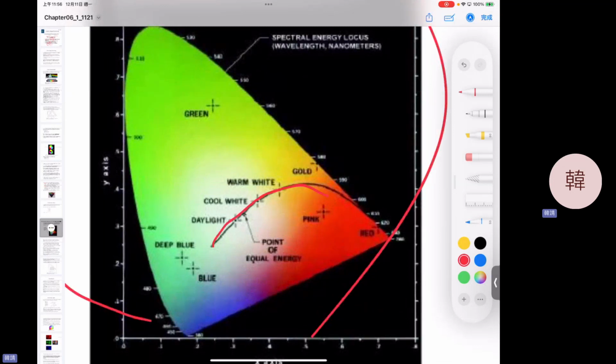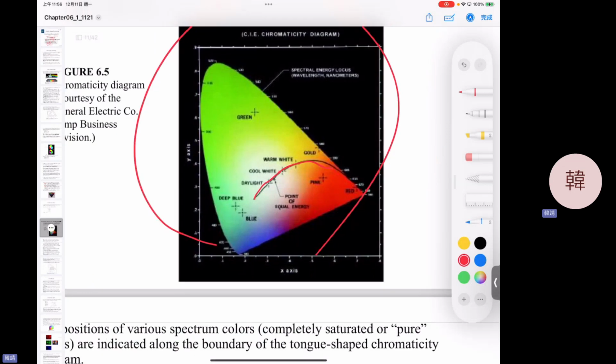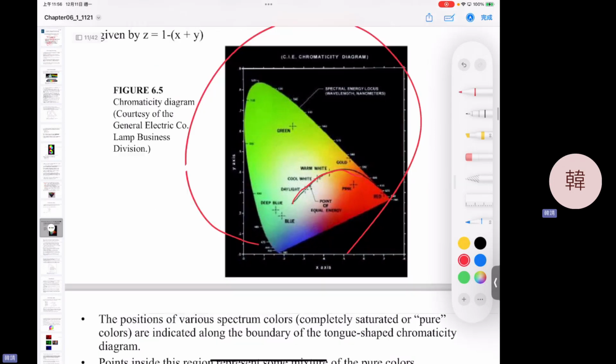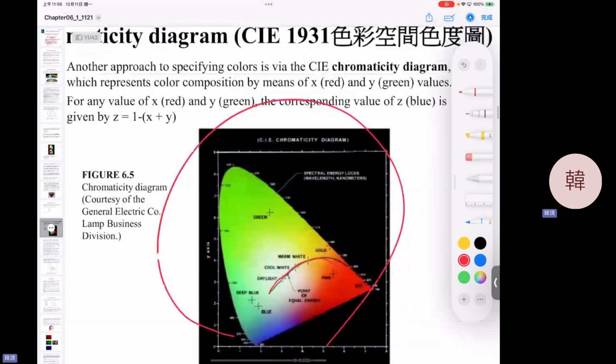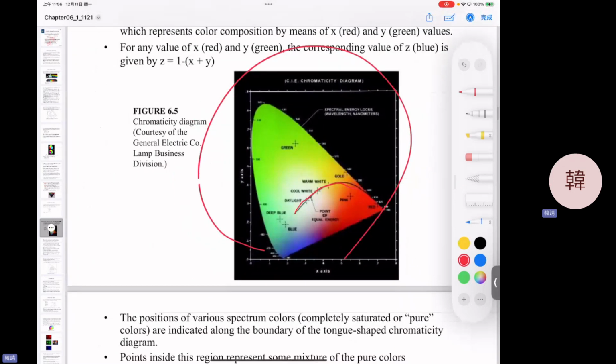There are different white colors, equal spectrum: daylight, cool white, warm white. Even for white we have different ones. How do you see that? We use this tongue shape. It's called the CIE diagram. It's a standard chromatic diagram.